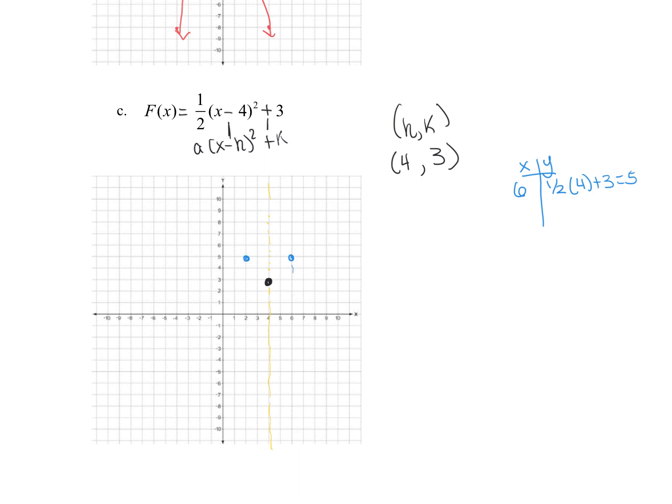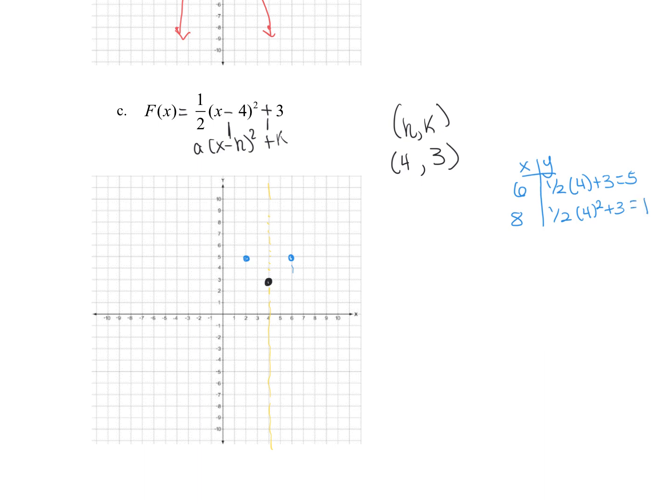Oh, let's see, what else can I plug in? I can try 8. 8 might be too big. We'll try. If I plug in 8, I get 1/2 times 8 minus 4 is 4 squared, and then plus 3. So 4 squared is 16. Half of 16 is 8. 8 plus 3 is 11.